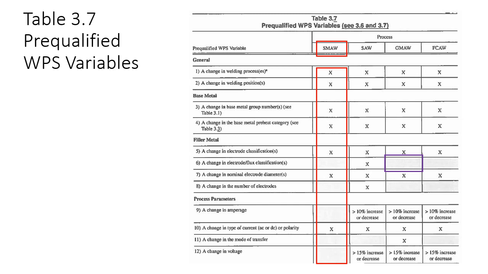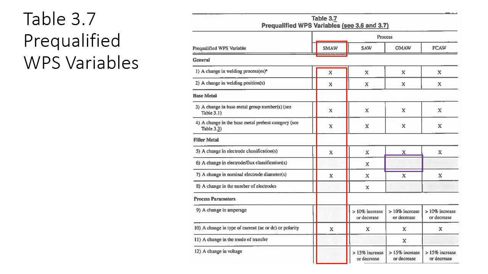I've got a little box there in purple on number 6. If you follow that over, there's a purple box: change in the electrode flux classification. Well, that doesn't apply to gas metal arc welding because you're not going to use a flux. That would be a submerged arc welding variable. So there's a lot of things that you don't need to address.